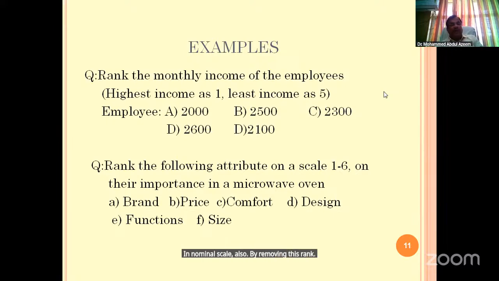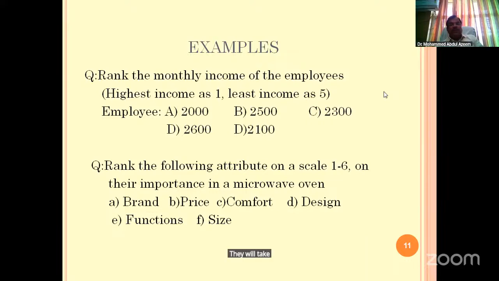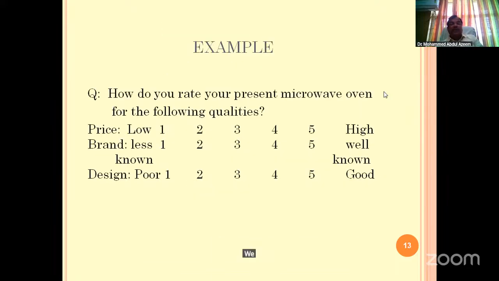If you don't give rank and simply ask which are the important attributes in the microwave oven, they will take only A, C, D. That is an example of nominal scale. In ordinal scale, we ask them to rank. The same thing in interval scale, we ask them to rate it.